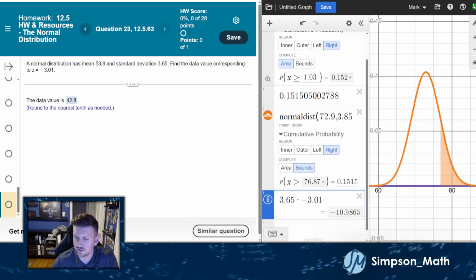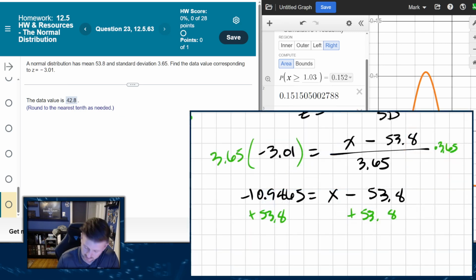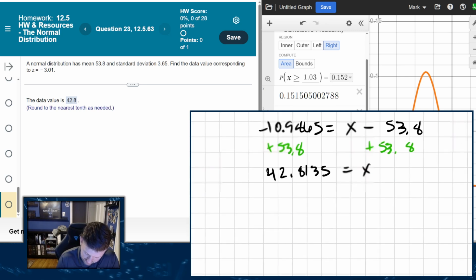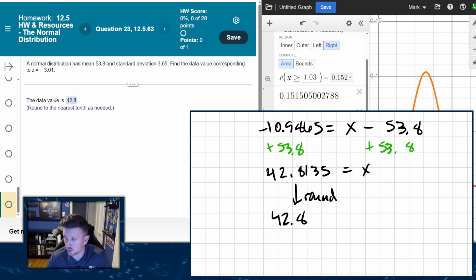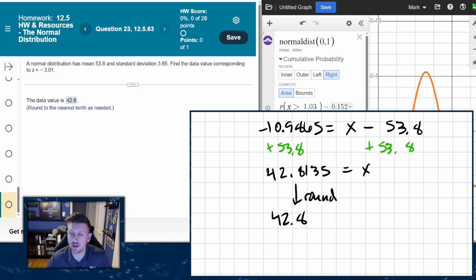When I add the 53.8 to negative 10.9865, we end up with 42.8135, which is the 42.8 here. So just finishing up my math, 42.8135 is my x, or rounding it, we get 42.8.